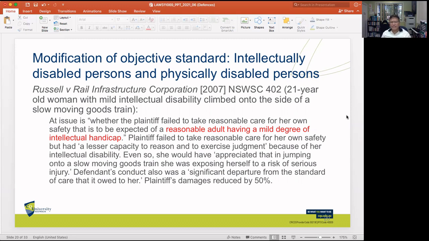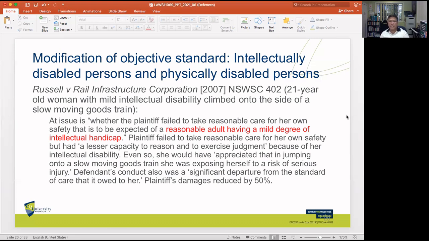And in this particular case, the court felt that the plaintiff failed to take reasonable care for her own safety, but had a lesser capacity to reason and to exercise judgment because of her intellectual disability. Even so, she would have appreciated that in jumping onto a slow-moving goods train, she was exposing herself to a serious risk of injury.